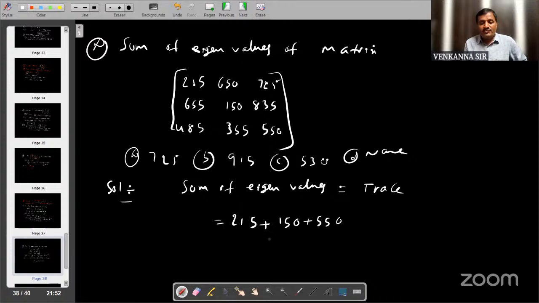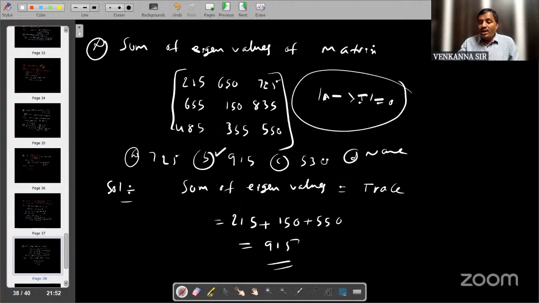Simplify this. 915 is the correct answer. Option B is correct. So there is no need to go with the determinant of A minus lambda I equal to 0. It takes a lot of time to calculate the eigenvalues and their summation. Whenever they ask for the sum of the eigenvalues, straight away the answer is the trace.